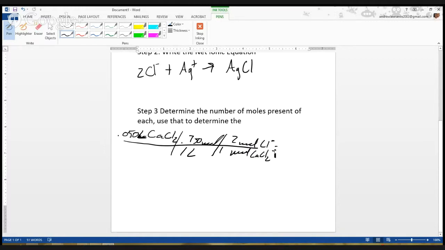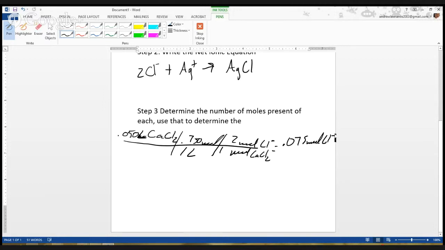Punching this into my calculator, 0.050 times 0.750 times 2, which gives me 0.075 moles Cl minus.